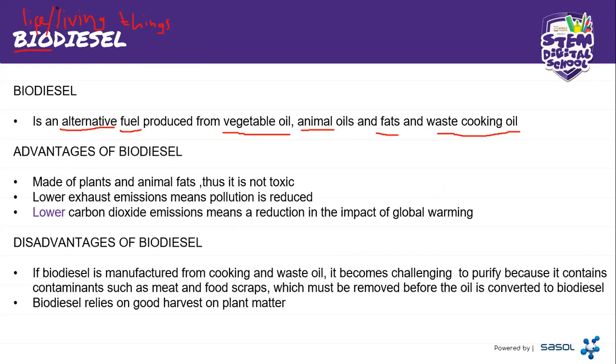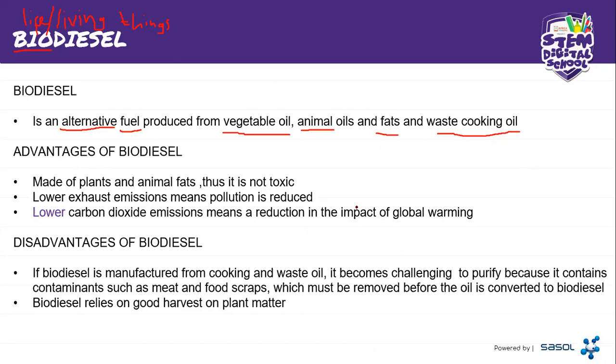So we use vegetables, which are your plants. We use animals. But in particular, we extract vegetable oil, animal oils and fats, as well as waste cooking oil, like the oil that we use at home, the wasted oil. It is then used and a mixture is made, and that is going to give us biodiesel.